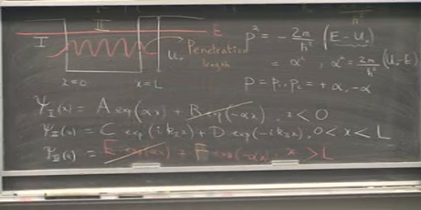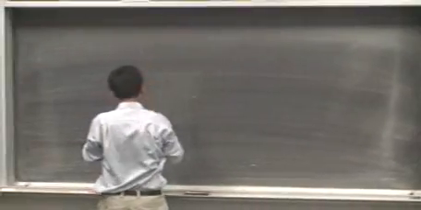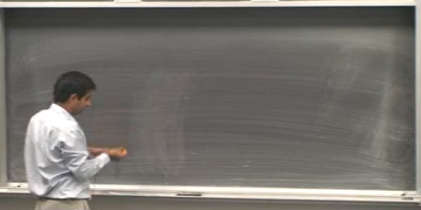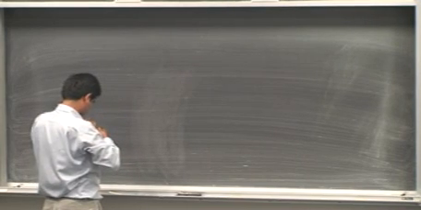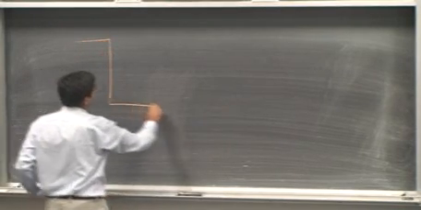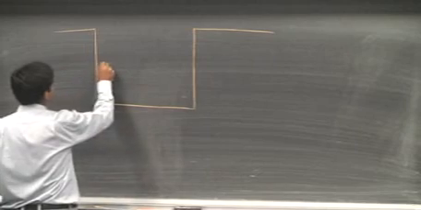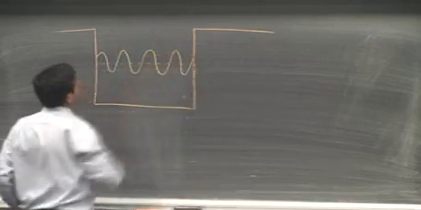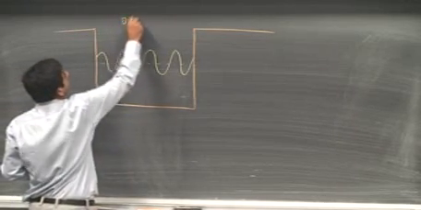So let me draw another diagram that describes this. Inside the well, where the energy is greater than the potential energy, the wave function is oscillatory.